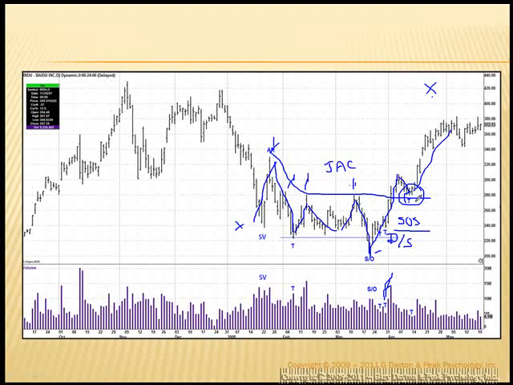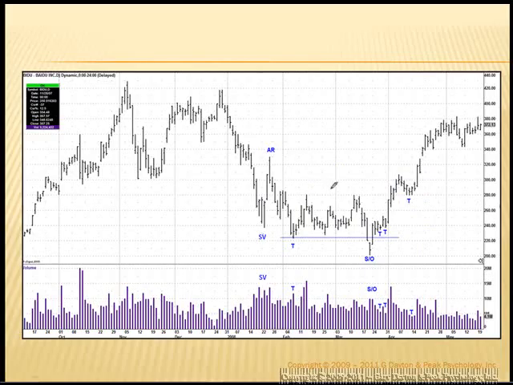And that's what we look for. We look for a testing to occur here, and we see that that volume dries up on the test.